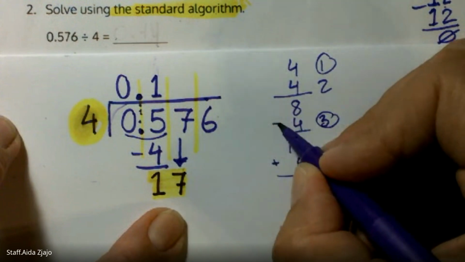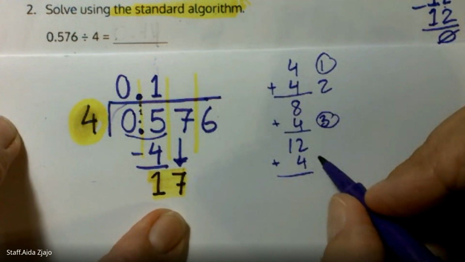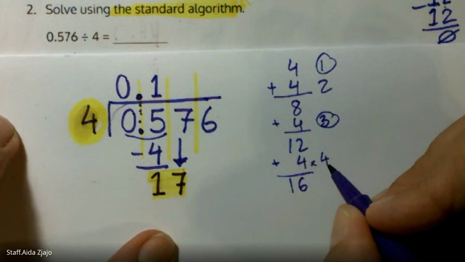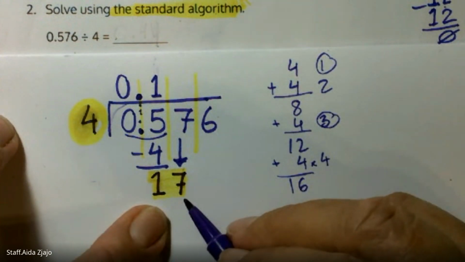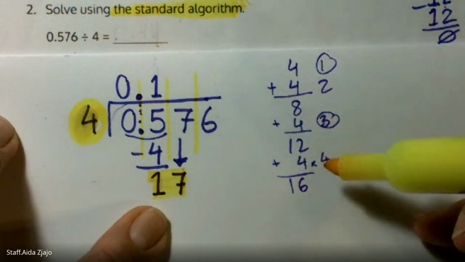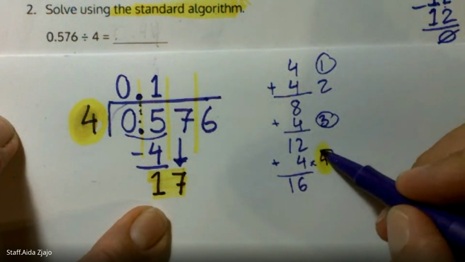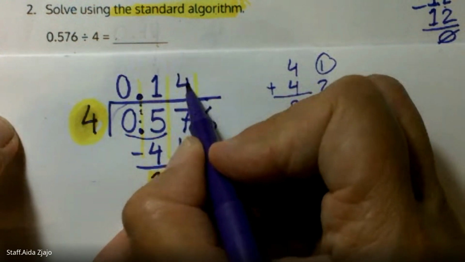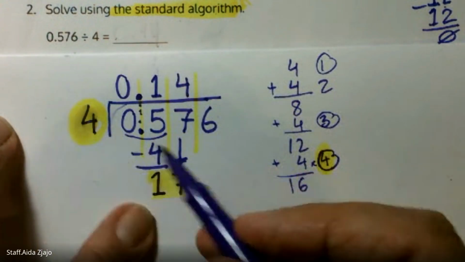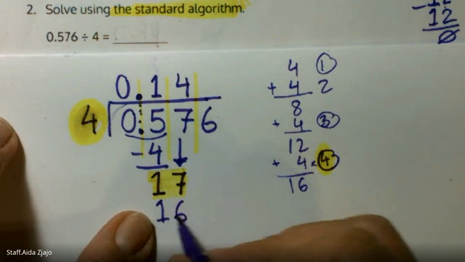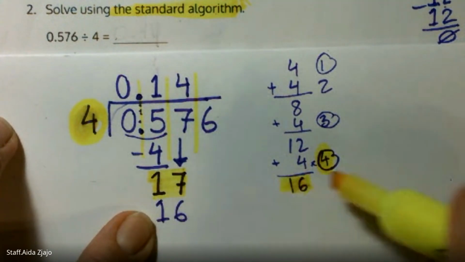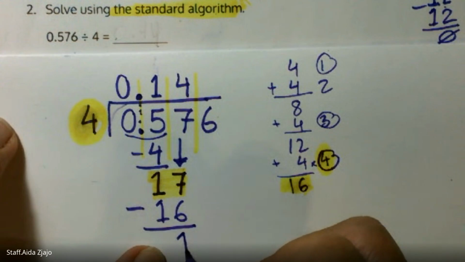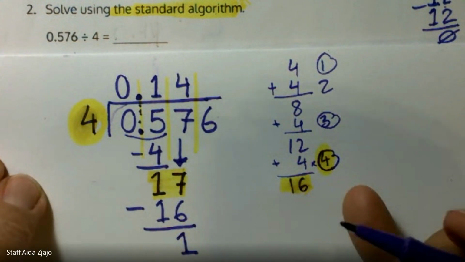Just for those guys who do not know multiplication facts, this is a good solution. So I came to 4 times 4 is 16, and 16 is very close to 17. So I know now I have 4 groups. 4 groups of 4 makes 16. So 4 times 4 is not 17, it is 16 right here. Okay, 4 times 4 is 16. So 17 minus 16 is 1. 1 hundredth will still be there.